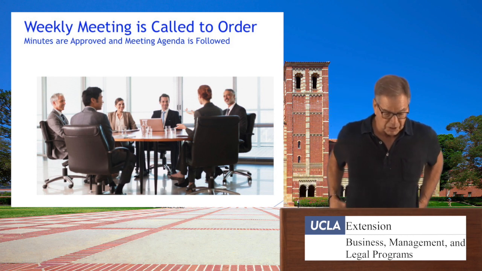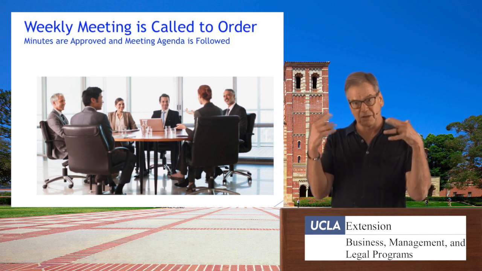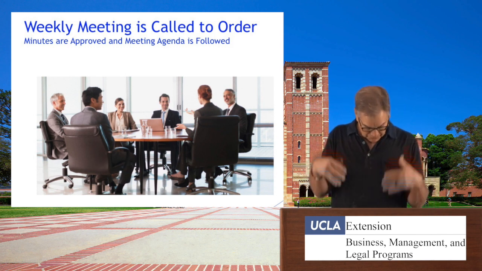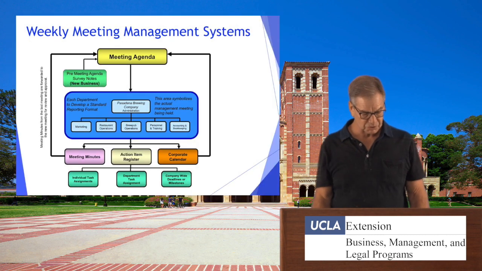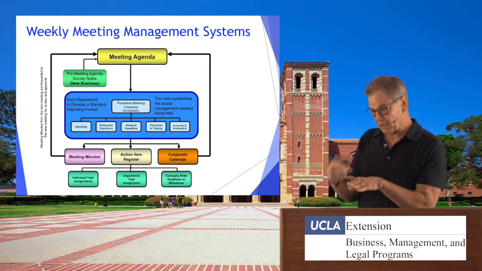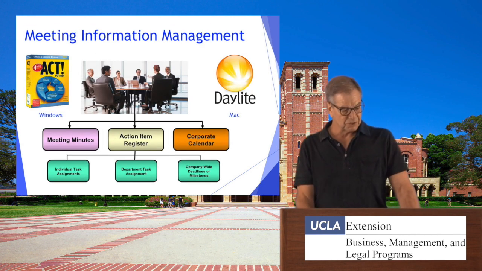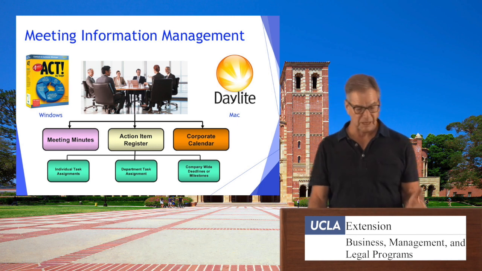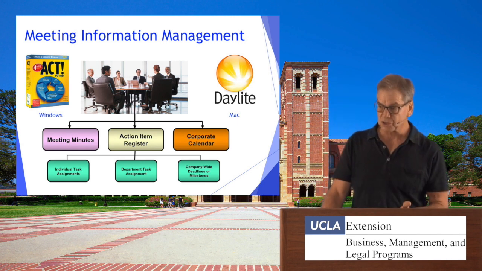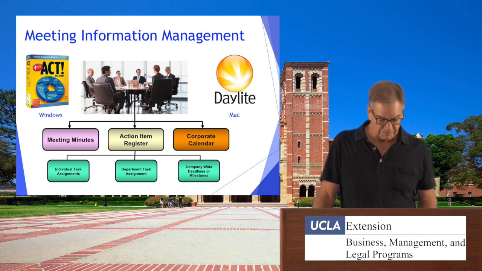Then the meeting is called to order. The chair, the president, or the CEO calls the meeting to order, the minutes are approved, and then the meeting agenda follows. As we go through the meeting and all the decisions are made, what falls out next is meeting minutes from that meeting, an action item register, and new items for our corporate calendar.